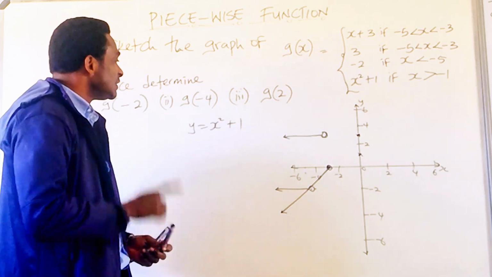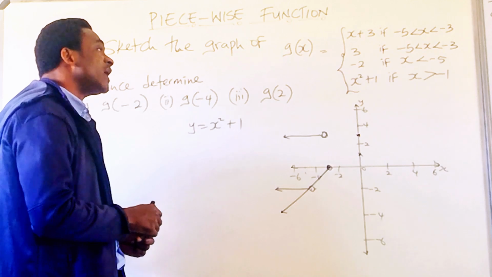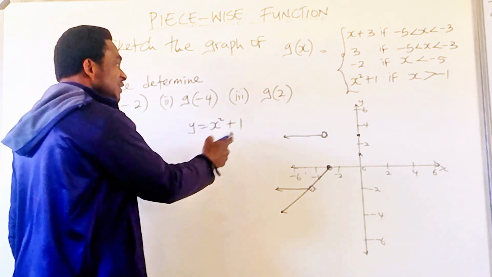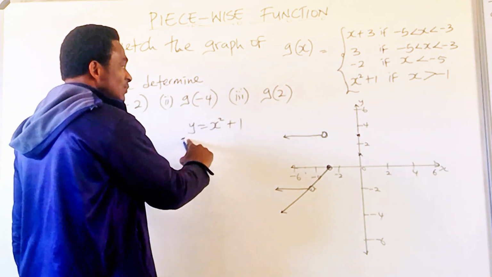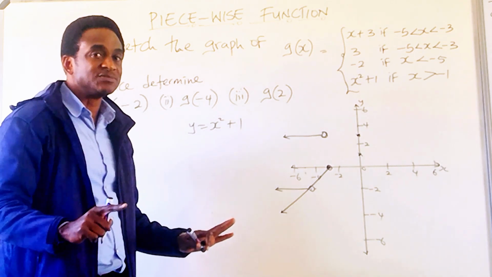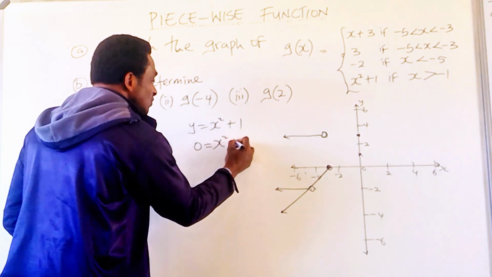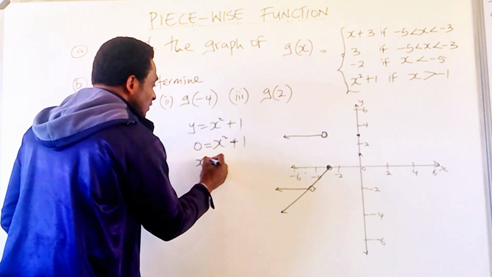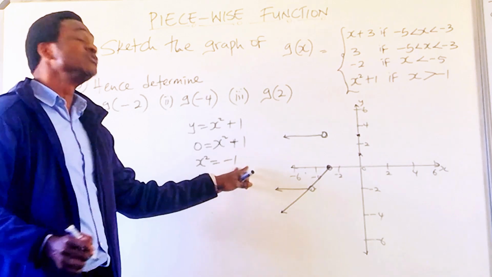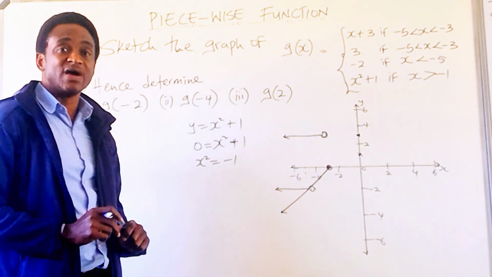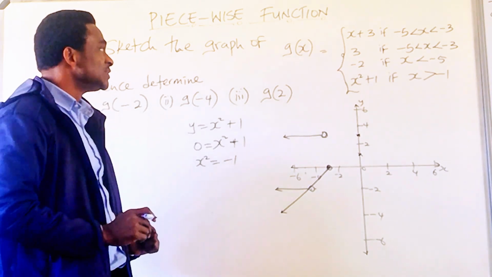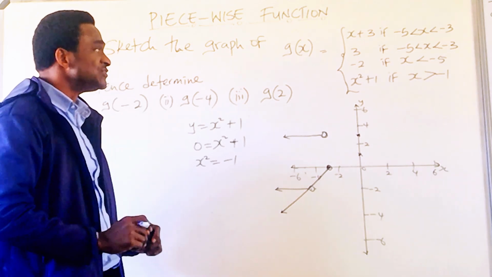But here, the next thing we need to check is our x-intercept. If we make y 0, we will have 0 equals x squared plus 1. x squared will give us negative 1. The root of negative 1 will give us an undefined value. So no x-intercept.